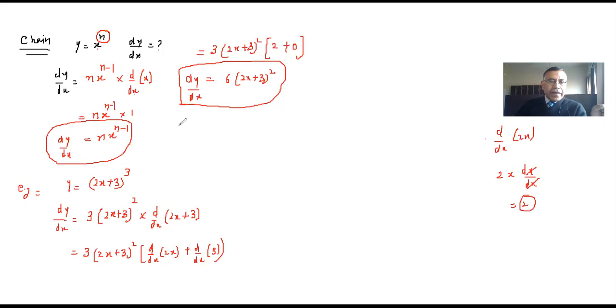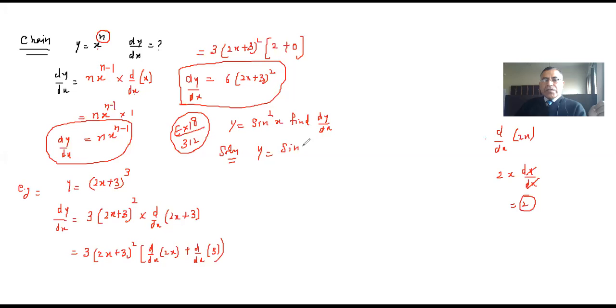For example 18 on page 312. He's saying y is equal to sine square x. Find dy by dx. Now see, y is equal to sine square x, which means (sin x) whole square. So first I will do the derivative of the power.